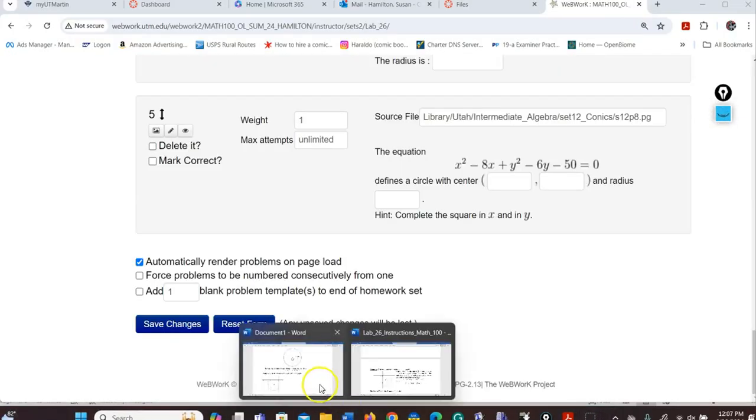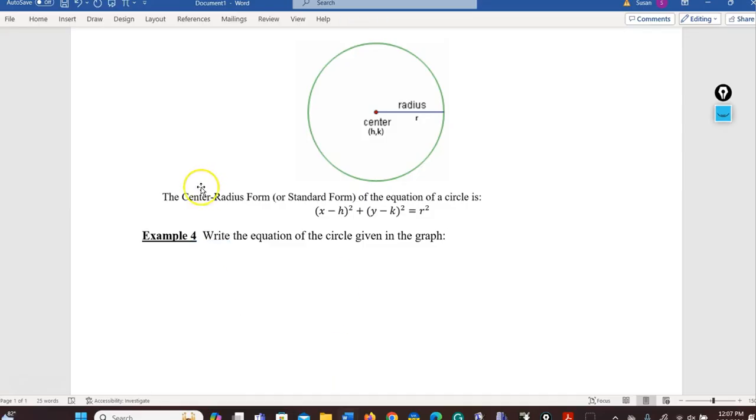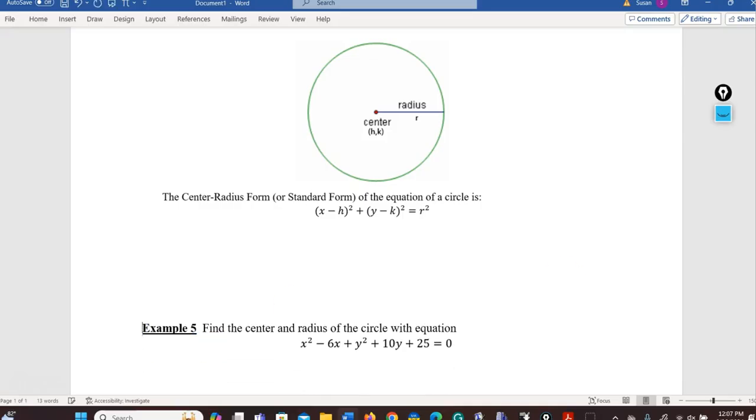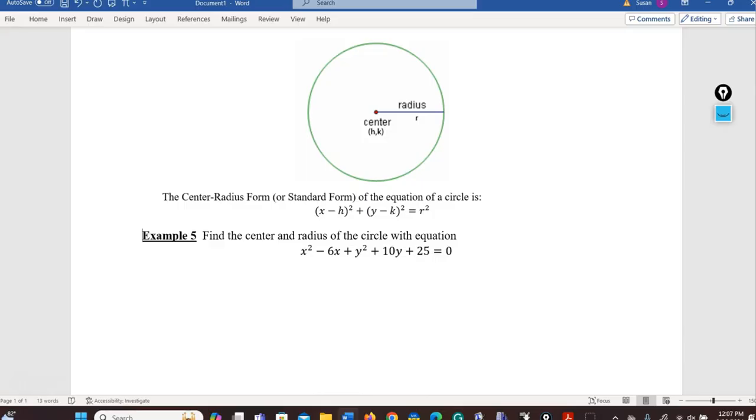Okay, so let's go to our last example. In the last example, you're given an equation and it is not in the standard form. This is called general form.